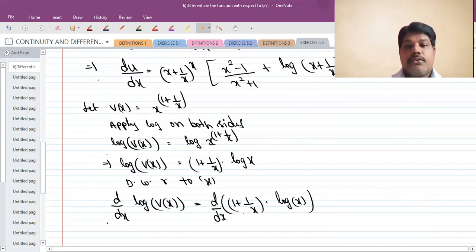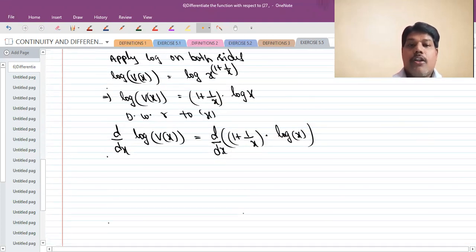So that implies the derivative of log of v of x, as we already know, students, is 1 by v into dv by dx.